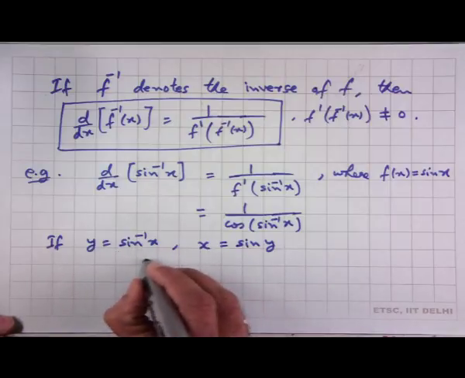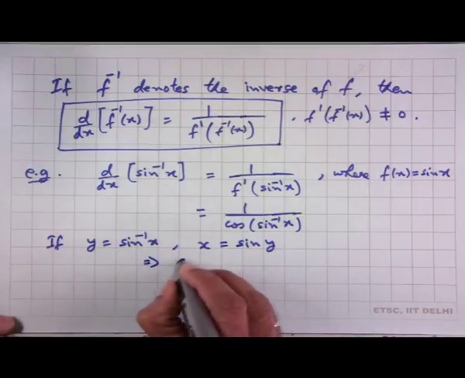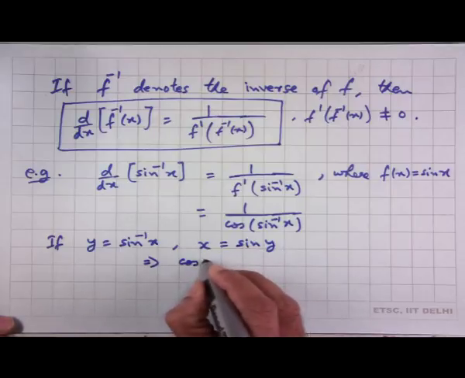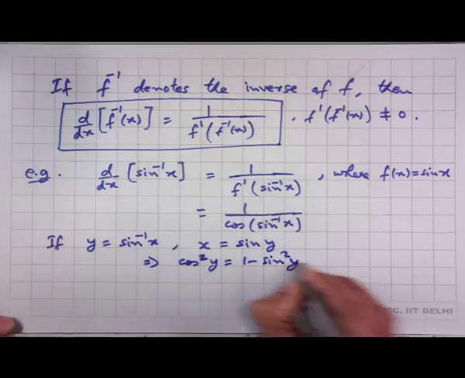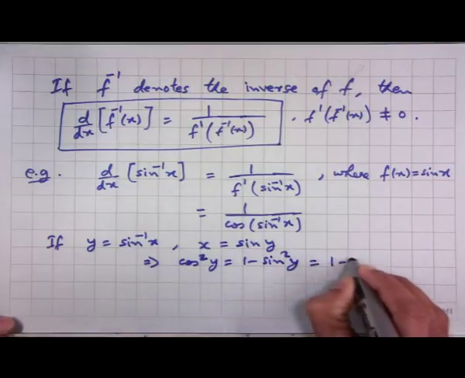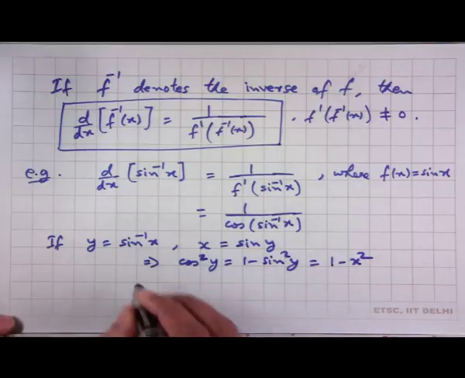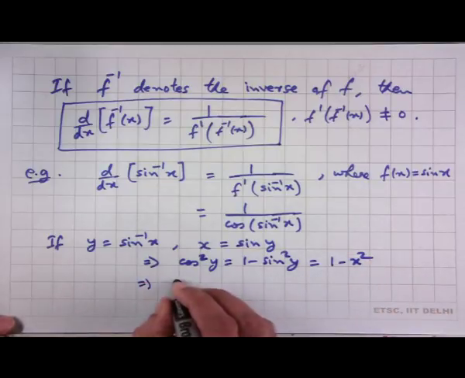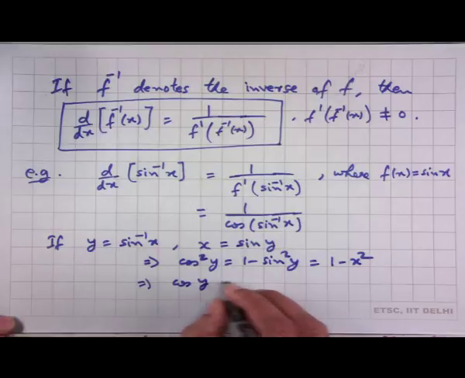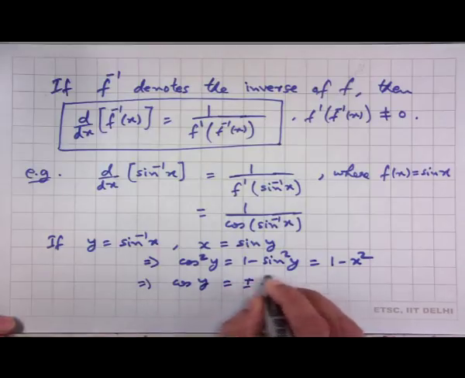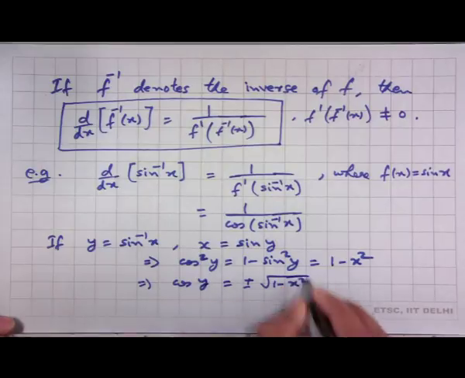So, this implies cosine square y is equal to 1 minus sine square y, which is 1 minus x square. So, cosine of y is equal to plus or minus square root of 1 minus x square.